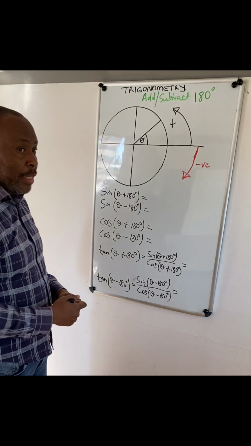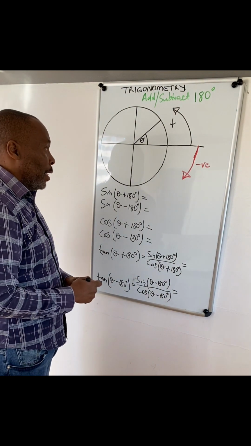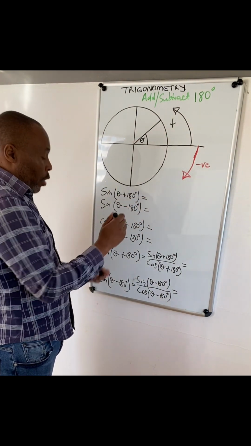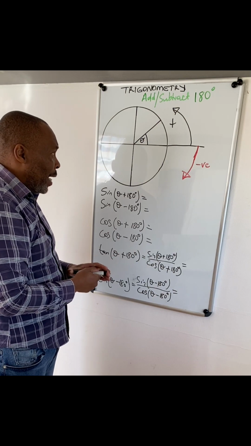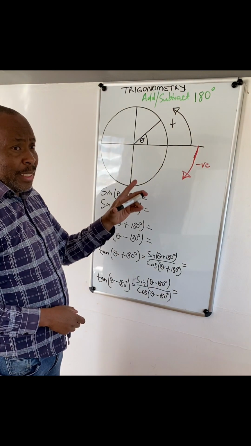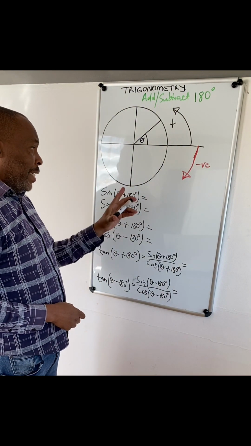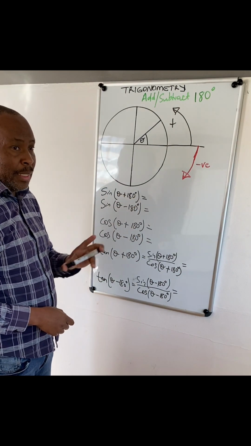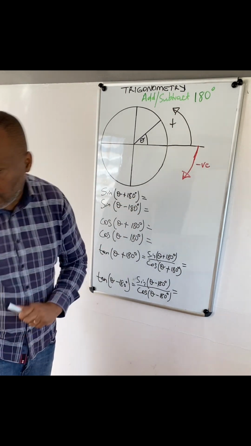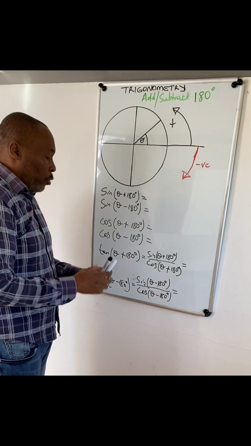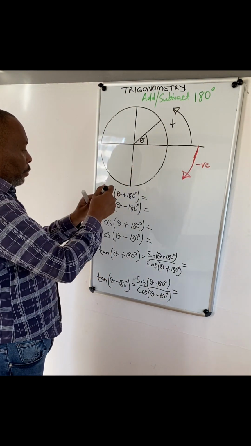So what we're actually saying here is, we've got an angle in the first quadrant, right? From that angle, we are adding or subtracting 180 degrees. It's this angle.